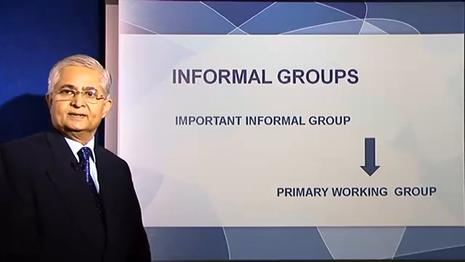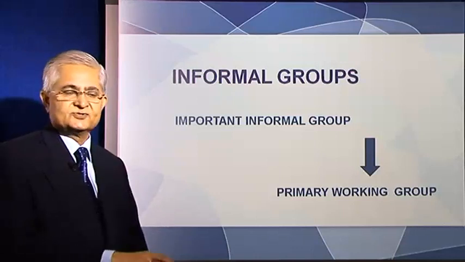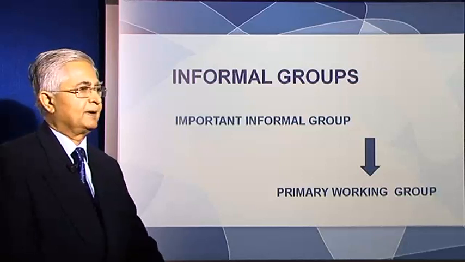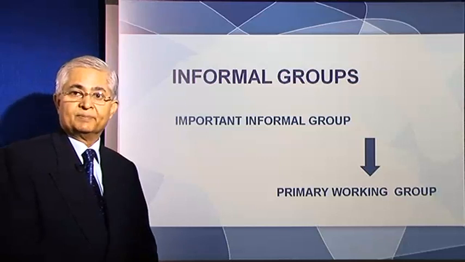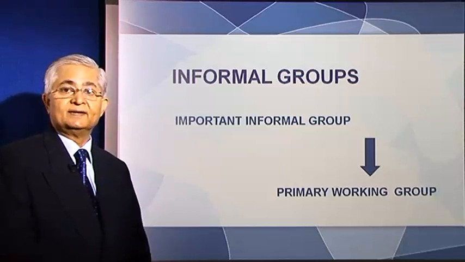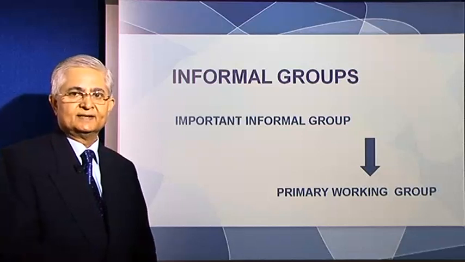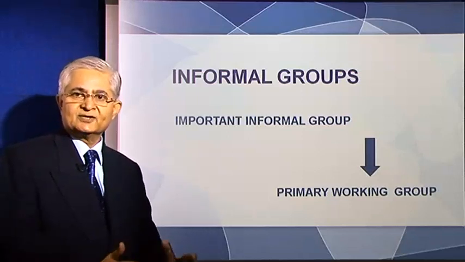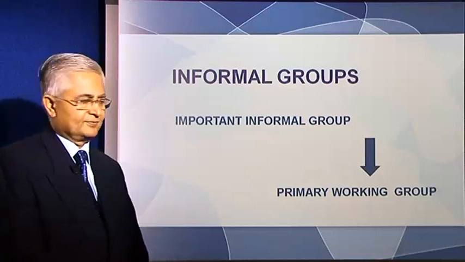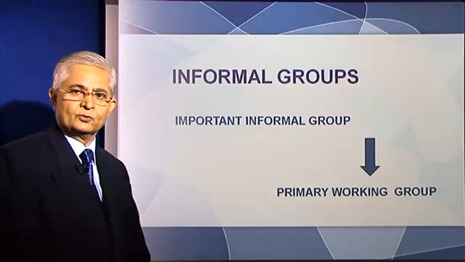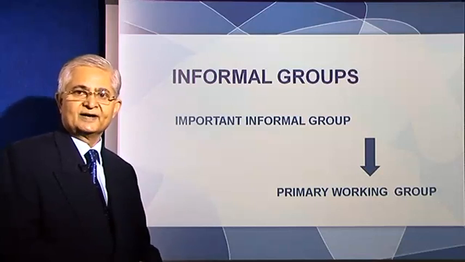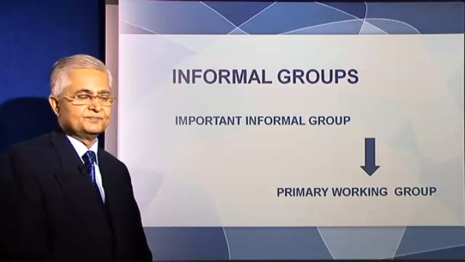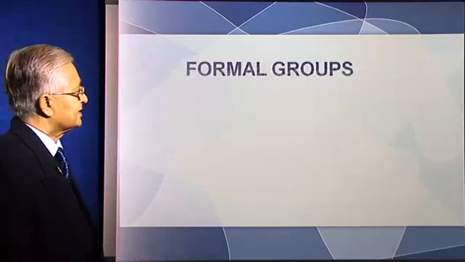In the course of working, this individual interacts with people in the production department, the purchase department, sometimes the finance department, and sometimes the marketing department. So this whole collection of people whom he interacts with is called the primary working group. This is not a well-defined group of people. It's not a formally structured group. It's an informal structure.